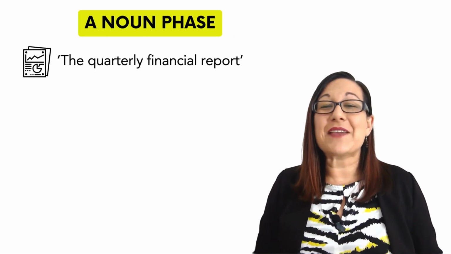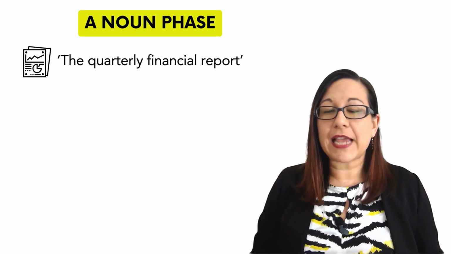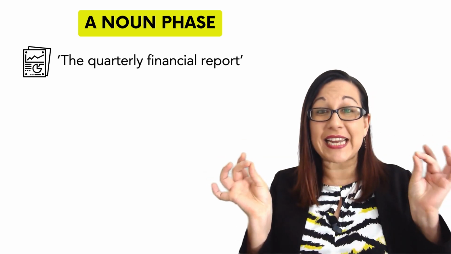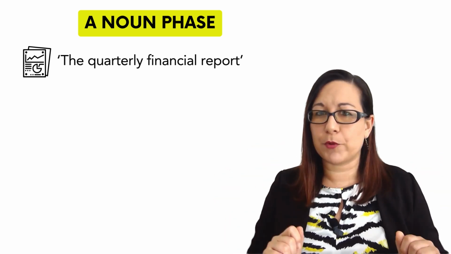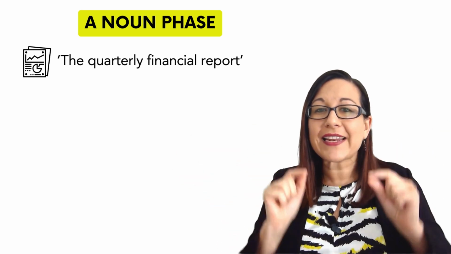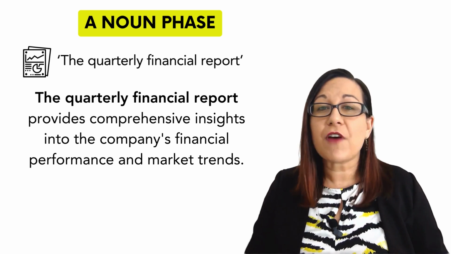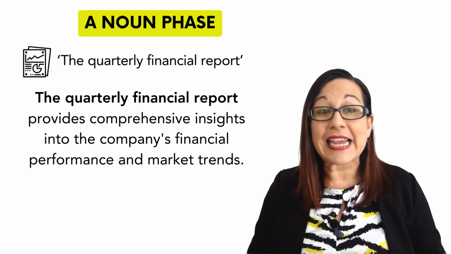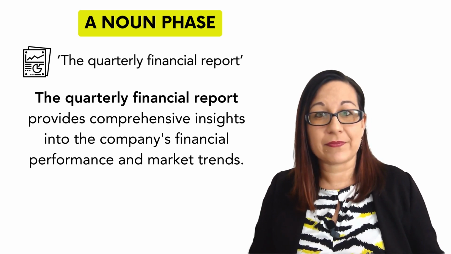Let's take a look at a business example now. So we could talk about a report and we could extend that to make it a noun phrase and say the quarterly financial report. And if we put that into a sentence, the quarterly financial report provides comprehensive insights into the company's financial performance and market trends.